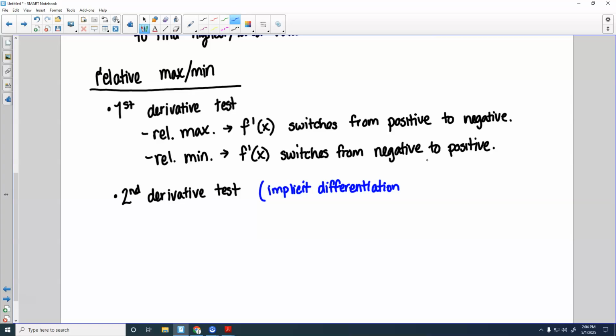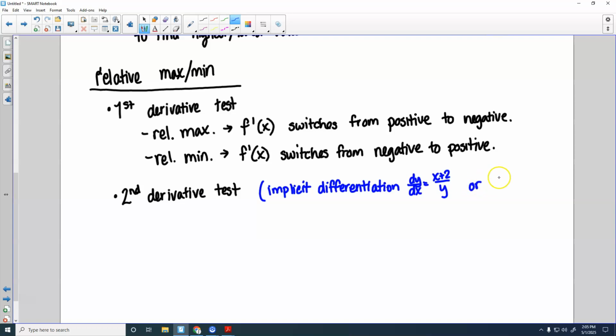Implicit differentiation is like dy/dx equals (x plus 2) over y, or something like that. You can't make a sign line. You can't tell where your derivative switches from positive to negative.